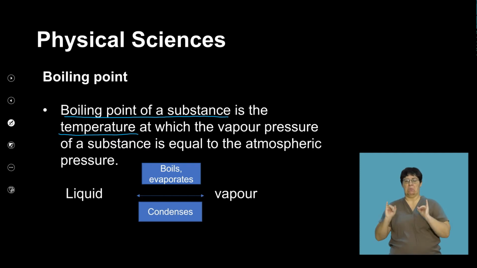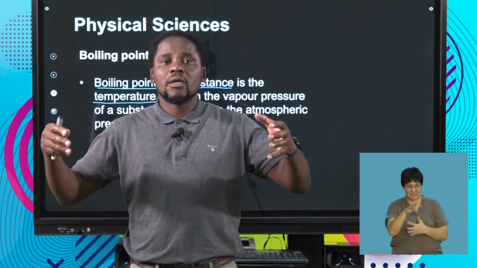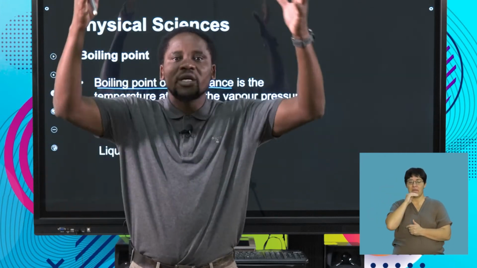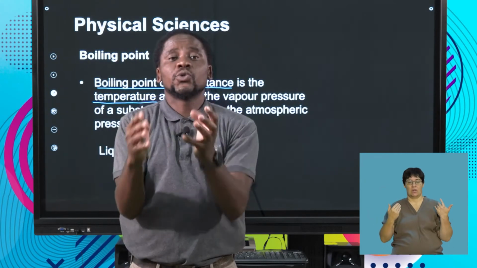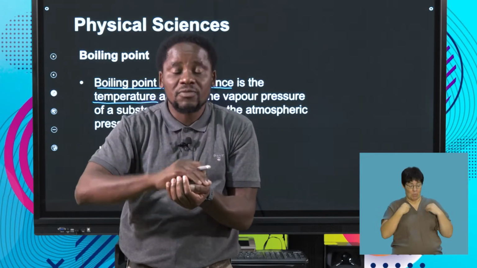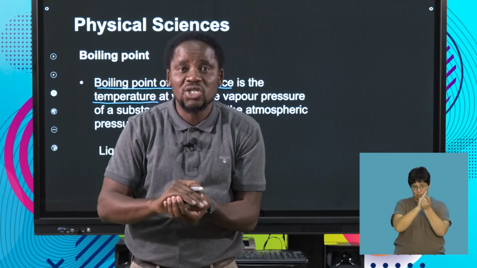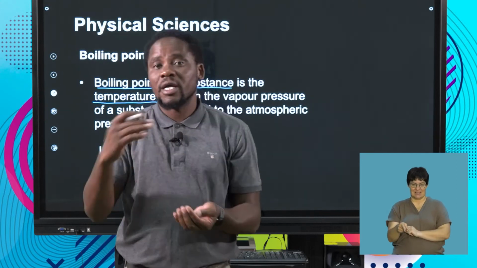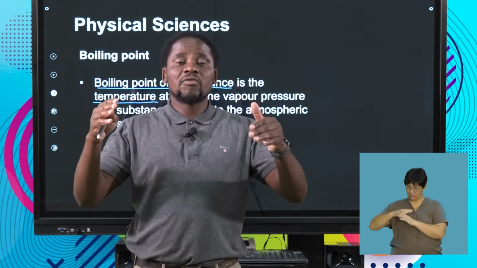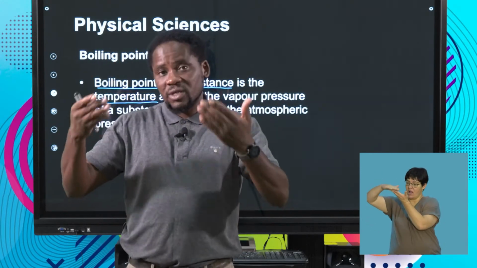And then the opposite of that is condensation, which is one of the key terms that we spoke to. So if a gas condenses, it means we cool a gas, and while we do that, the forces become stronger, the packing or the physical properties of that substance change, and then that substance changes to a liquid from a gas. So the reverse process of boiling is condensation.